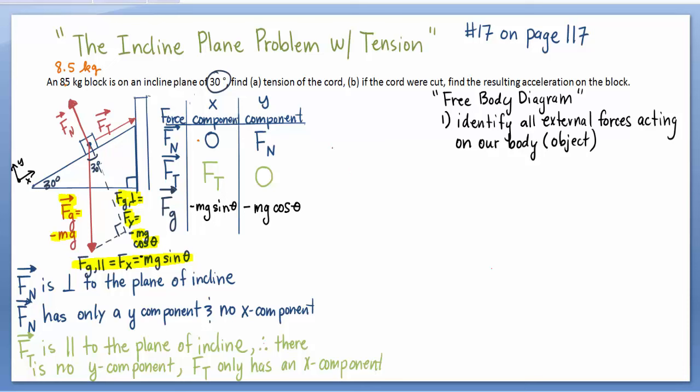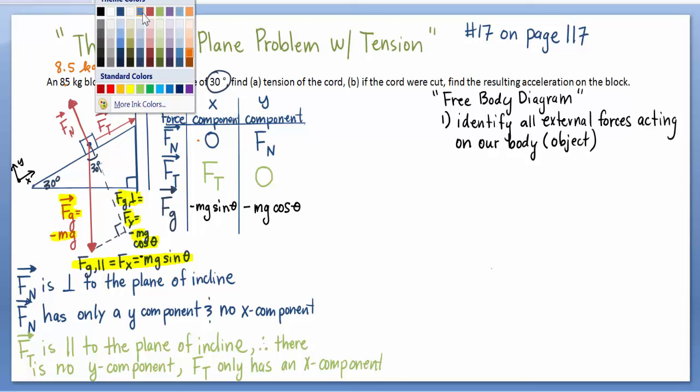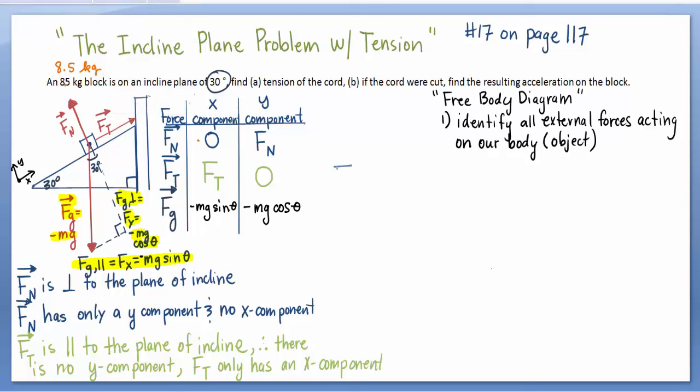Let's take Newton's second law again and say the sum of F net in the y direction would be equal to the normal force component plus the tension force component plus the gravitational force component, and these are all y components in that direction.